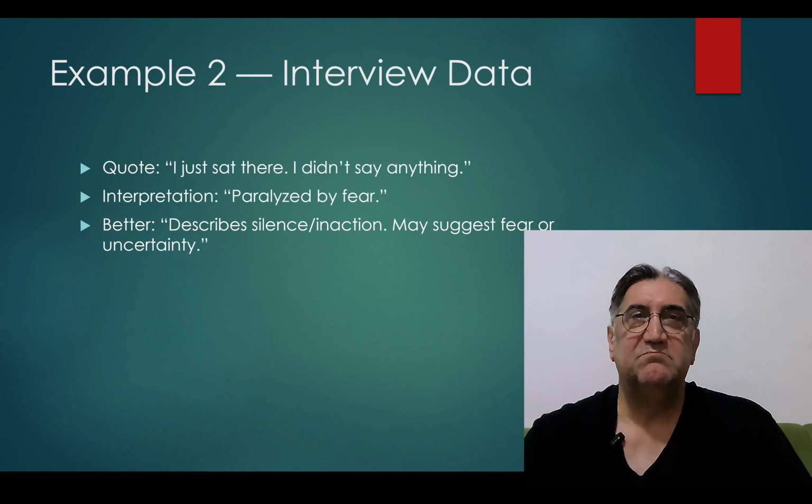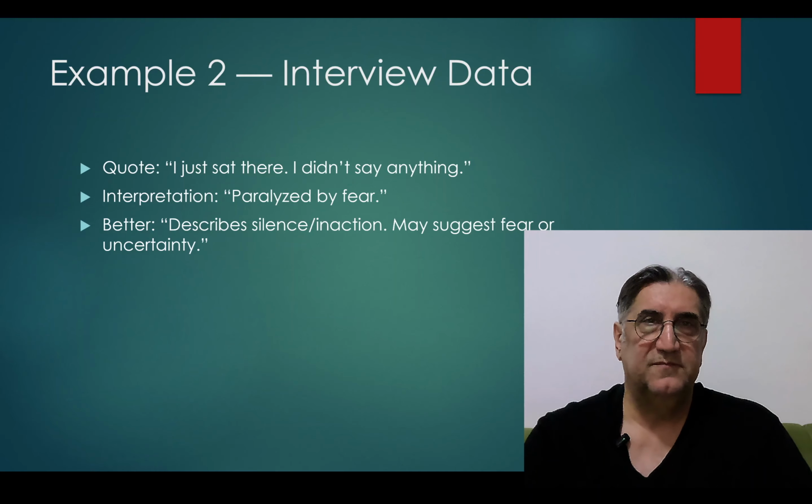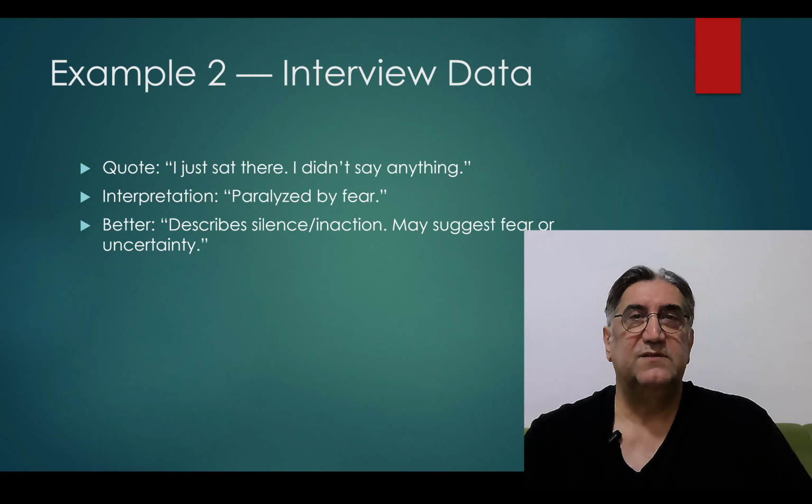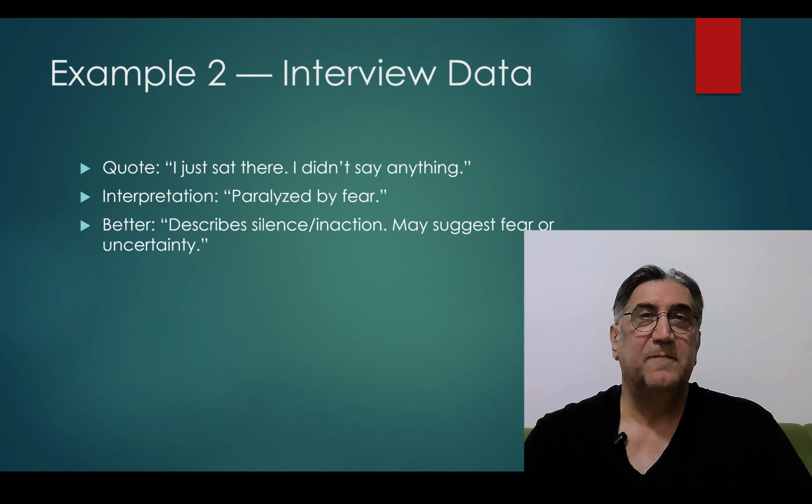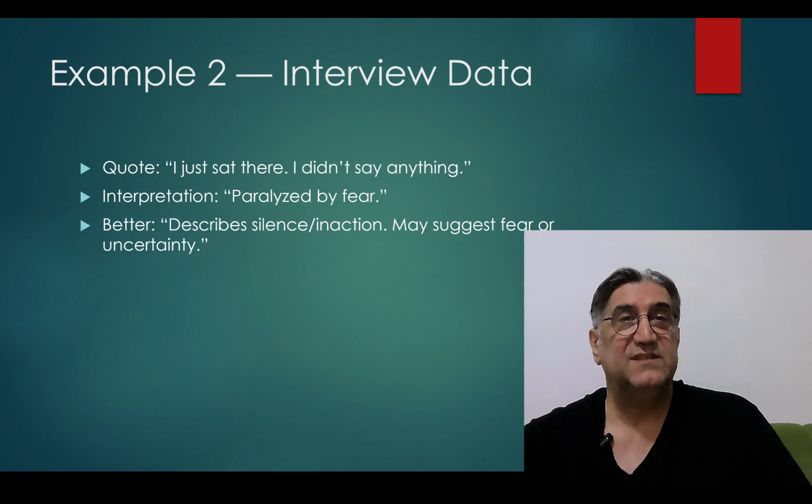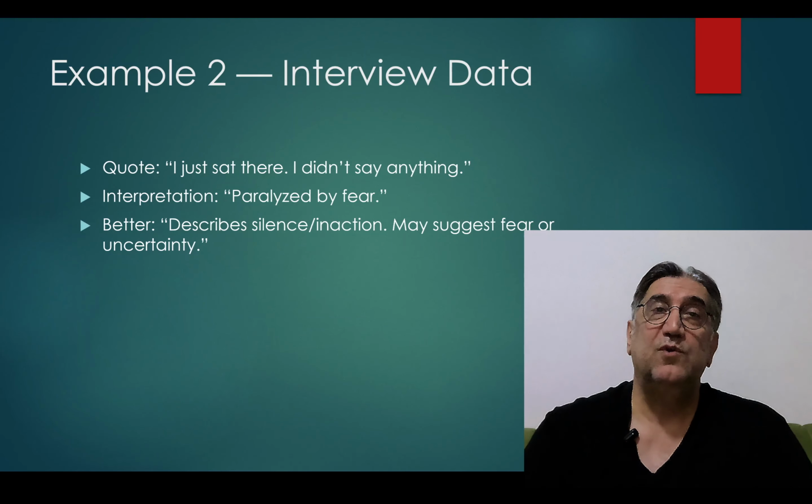Interpreting numbers, making sense of patterns, that's all interpretation. What we need to know is, are the interpretations reasonable? Are they supported by the data? And most importantly, are they acknowledged as interpretations and not presented as if they are indisputable facts?